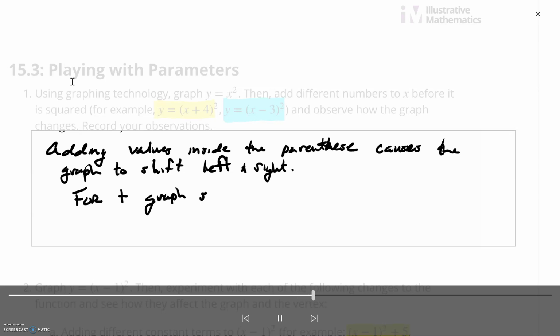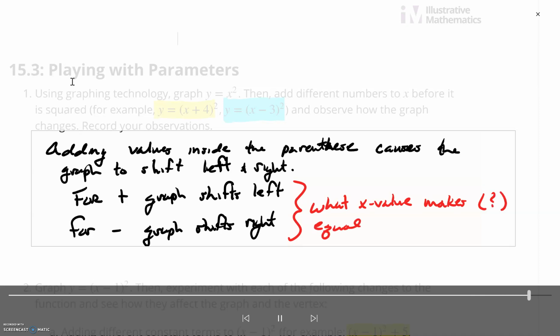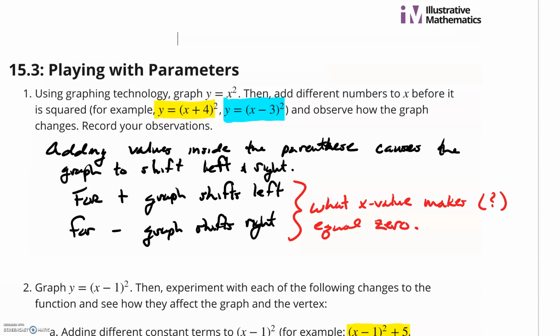For adding, the graph will shift to the left. For subtracting, the graph will shift to the right. And again, this left and right shift happens because we are looking for what value makes the inside of that parenthesis equal to 0. Okay, so that's shifting things to the left and the right.